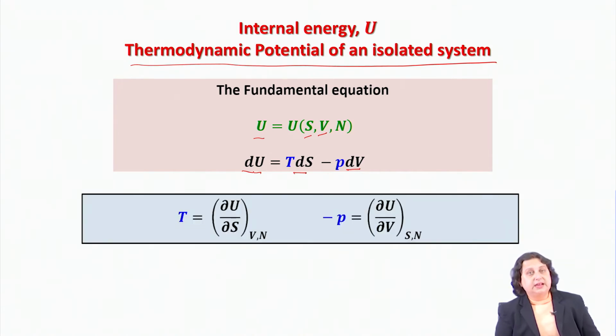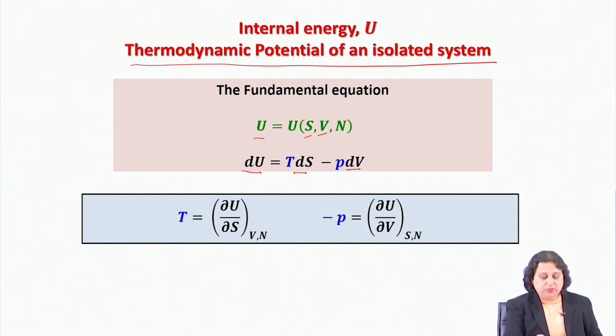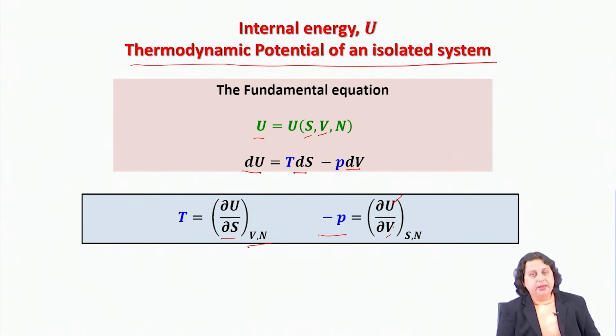Here we identify the absolute temperature T as the partial derivative of U with respect to S, keeping V and N constant, and the negative of pressure as the partial derivative of U with respect to volume, keeping S and N constant.